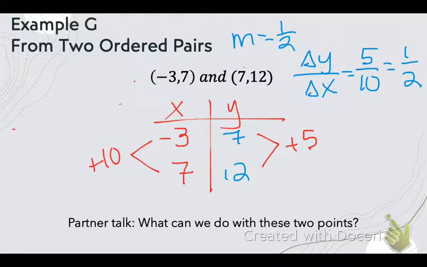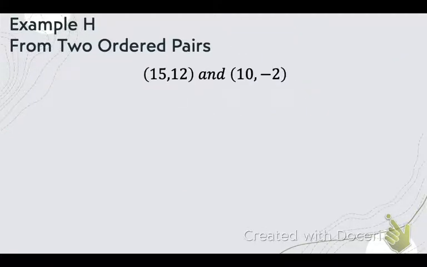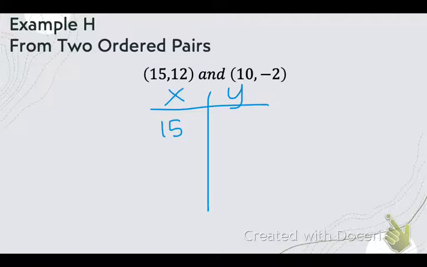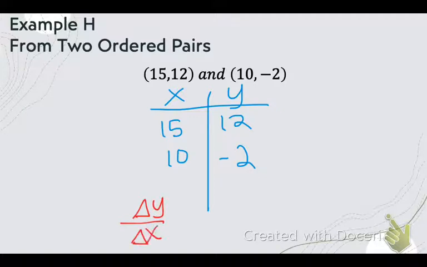Let's try another example. The ordered pairs in example H are 15 and 12, and 10 and negative 2. So I have my table of x and y, and I'm putting them into the table. I have 15 in my x column and 12 in my y, and 10 in my x and negative 2 in my y. If I look for the change in y over the change in x, for my change in y, I'm going from 12 to negative 2.